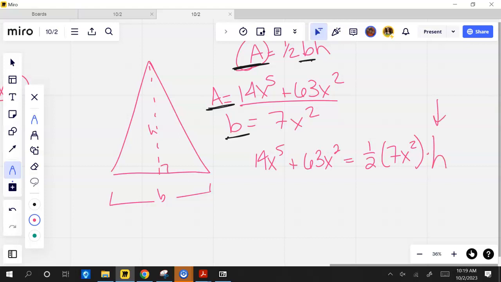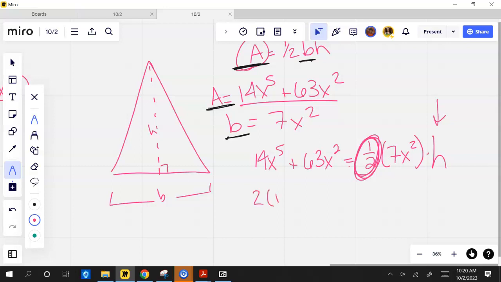That's exactly right. I need to know what h equals because it says an expression for the height. So I can't stop here this time because I need to know what the height is. So my question to you is, how do I get h by itself? Divide by what? Okay. The first thing I'm going to do is multiply by 2 so I don't end up with a fraction in the bottom. You could technically move everything at the same time.